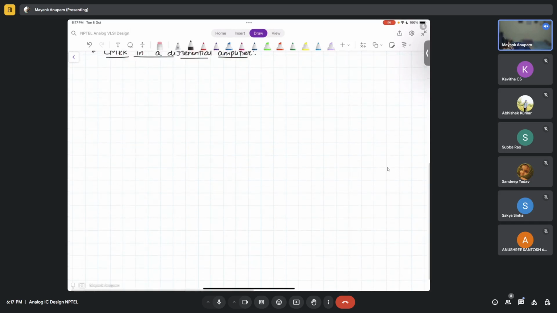So we already saw that differential gain is GM RL by 2.